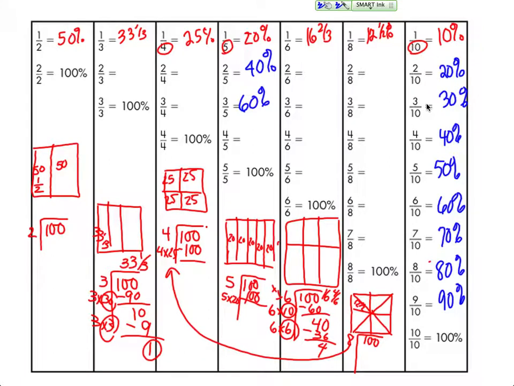And 4/5 would be what, Vivian? 1/5 is 20, 2/5 is 40, 3/5 is 60, 4/5 is, let's just color it in. This is 20, 40, 60, 80%.